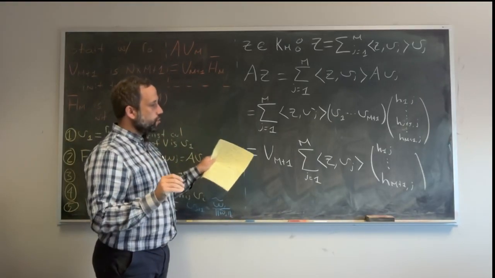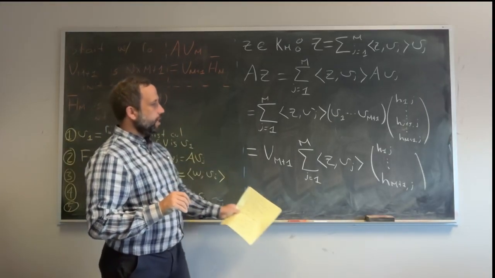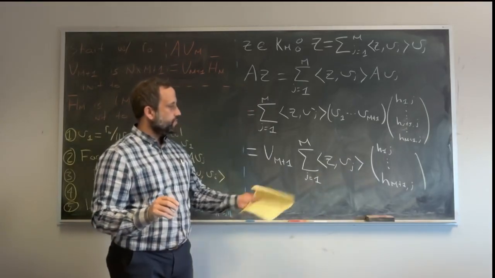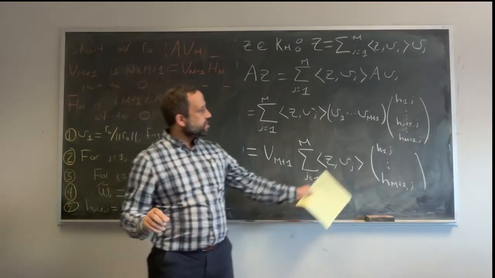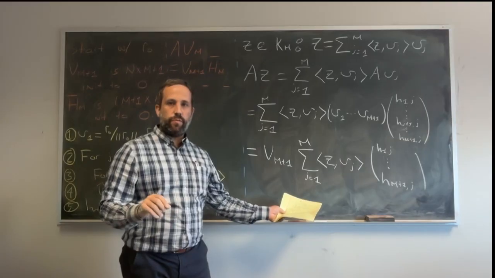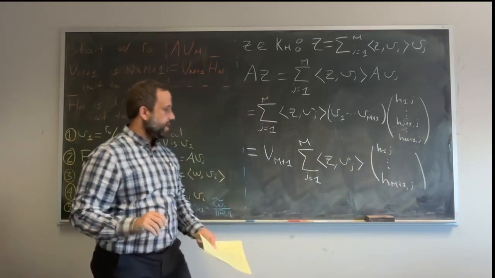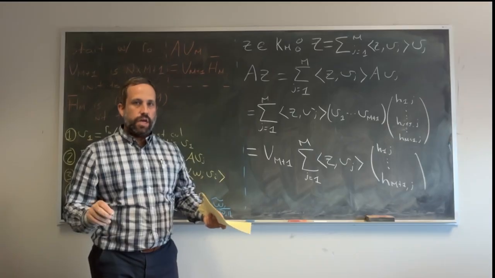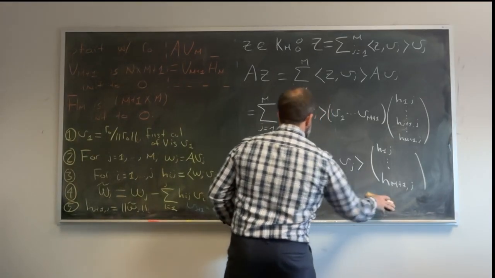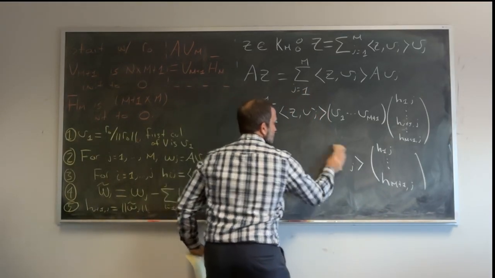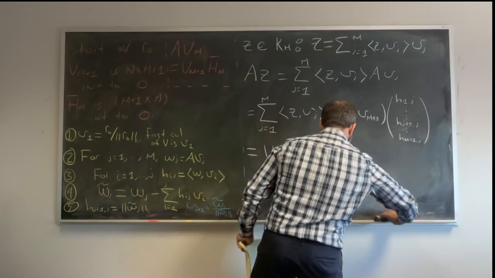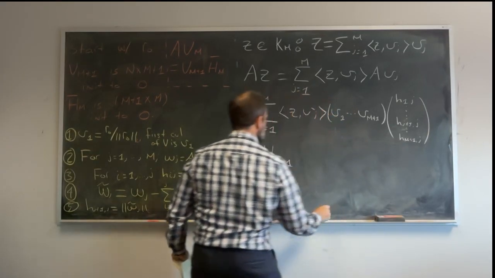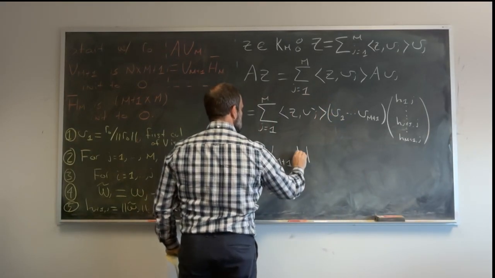Okay, but notice what we're doing here. This is a linear combination of these columns, so we can write it as a matrix with vector multiplication. But what are these columns here? They're just the columns from the H matrix. So in other words, this right here can be written as H bar m times z V1 all the way down to z Vn.